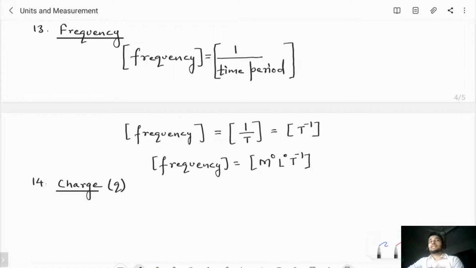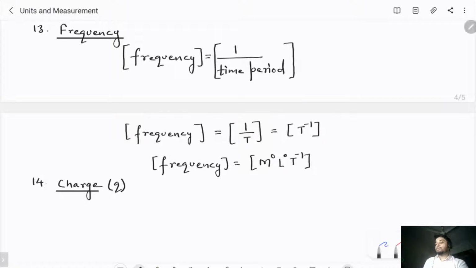We have taken current, electric current, as fundamental quantity, because measuring charge directly is slightly difficult, but we have a very simple device for measuring electric current, that is a meter. So that is why the electric current has been taken as the fundamental quantity, not charge.